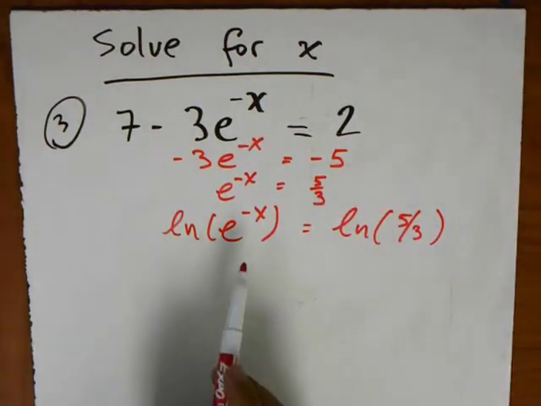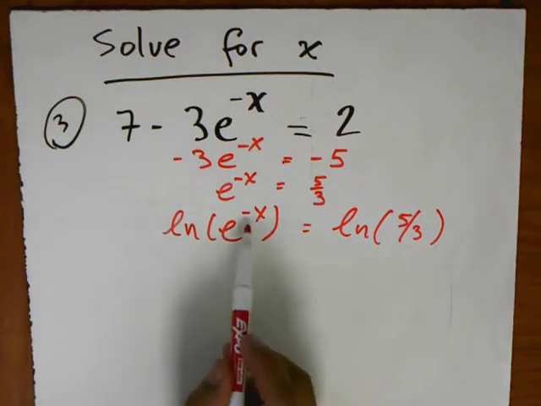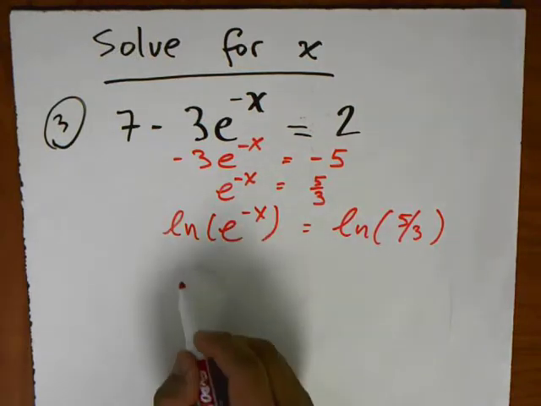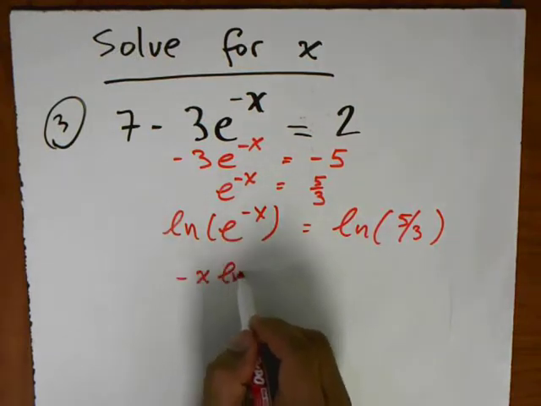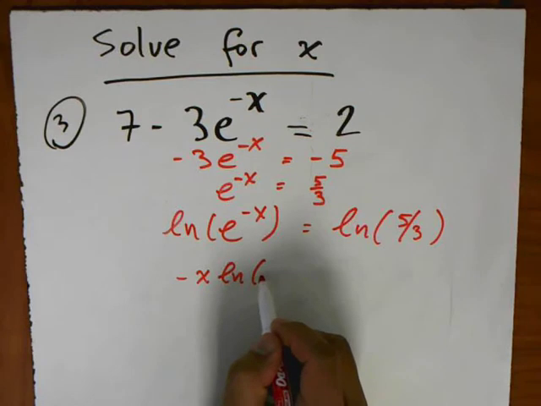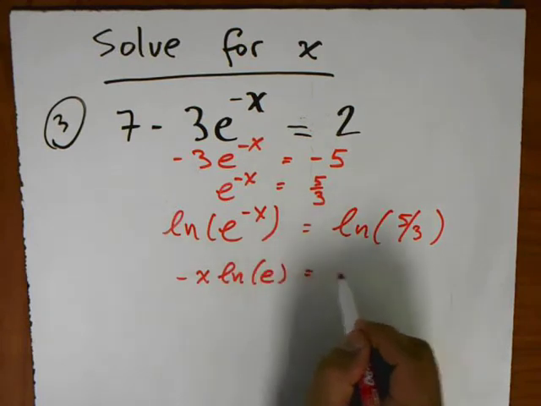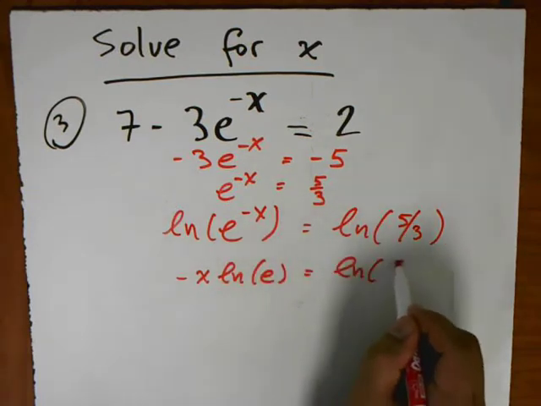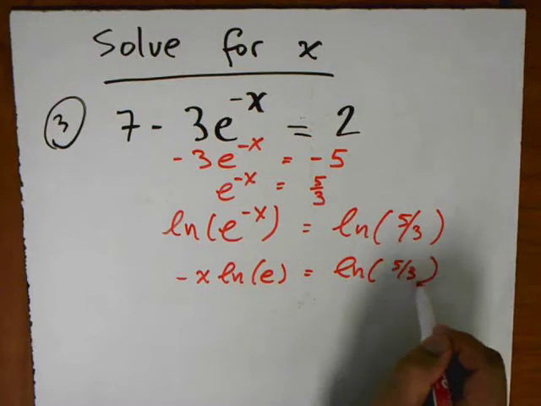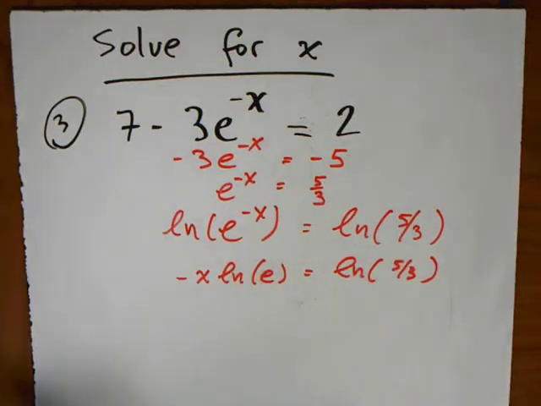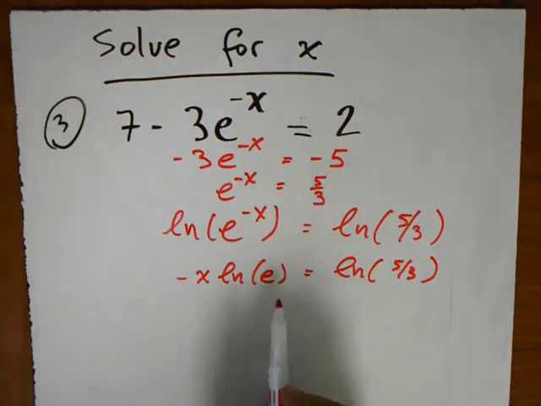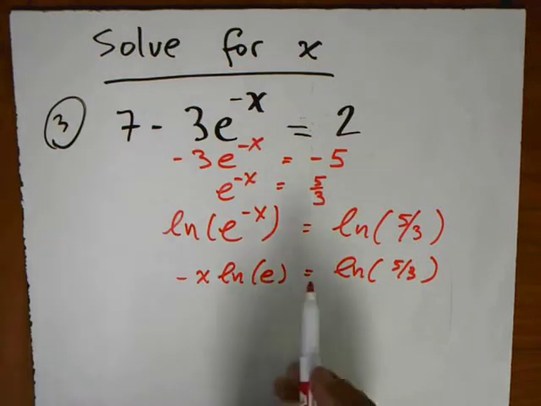Then on the left side apply the power rule, so the exponent can go into the front: negative x times natural log of e equals natural log of 5/3. We've learned from previous examples that natural log of e is equal to 1, and we can also plug this into a calculator and it'll give us 1.